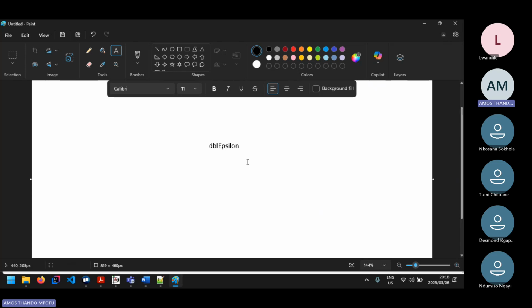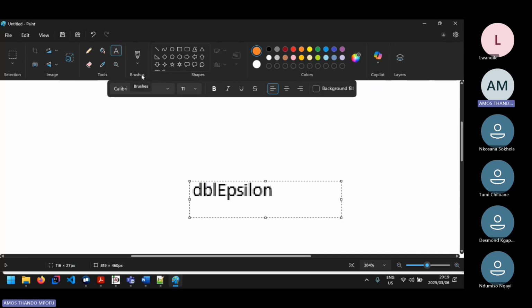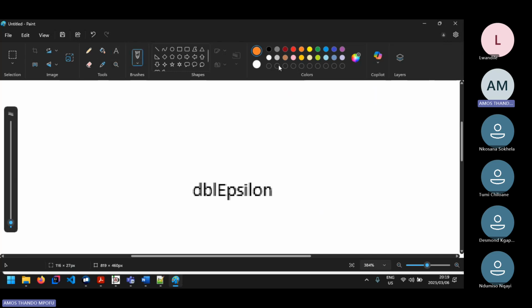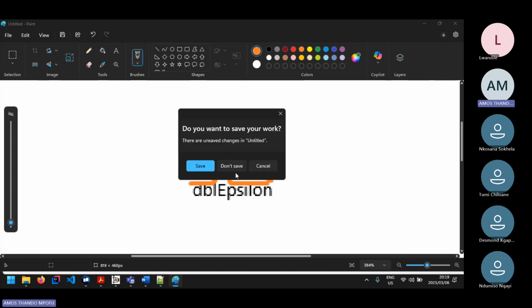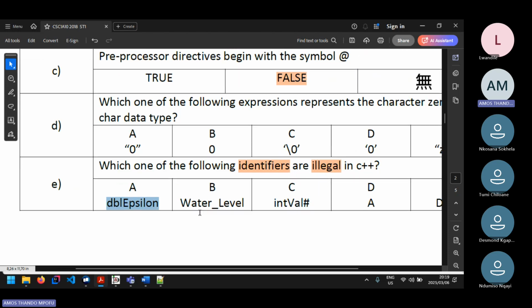If I zoom into this variable, this is not a good example, but it's still camel case. If I click here, you see that it still goes like this, and there's the hump on the E, so it still kind of represents a camel's hump. So camel case is allowed, and this variable is fine.